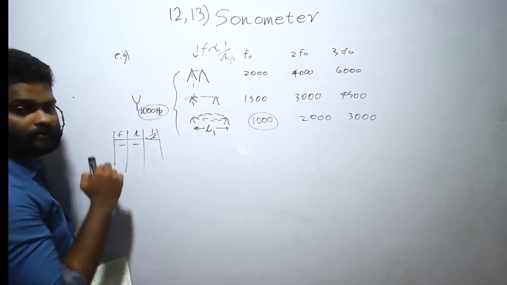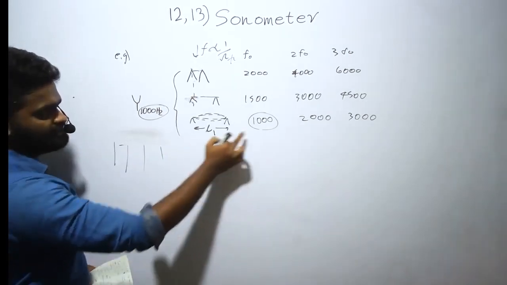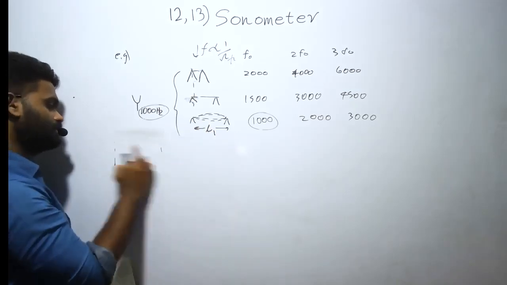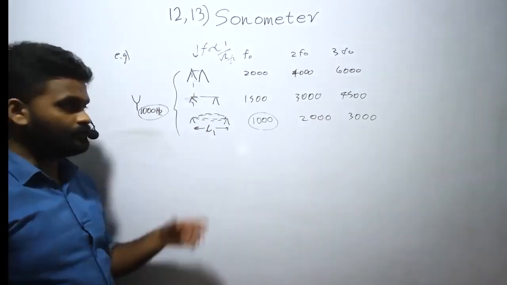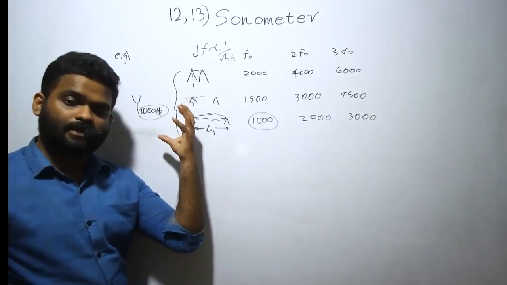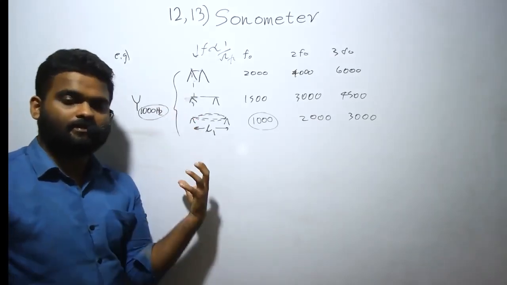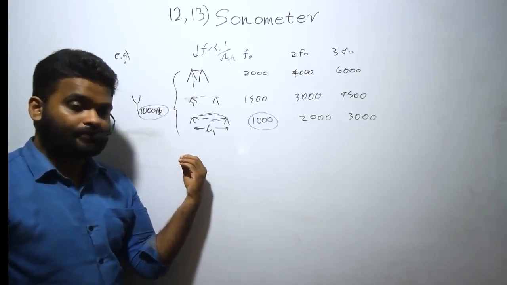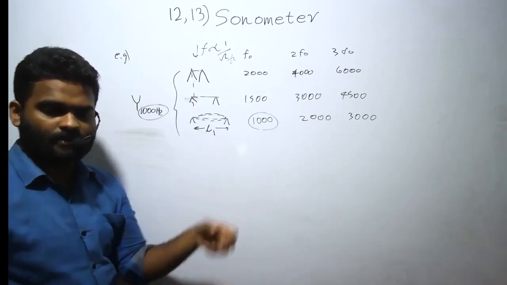Now we have one value there to fill the table: 1000 and L. So remember, we started from the largest frequency. Then to get another fundamental, we are taking forks in the descending order.